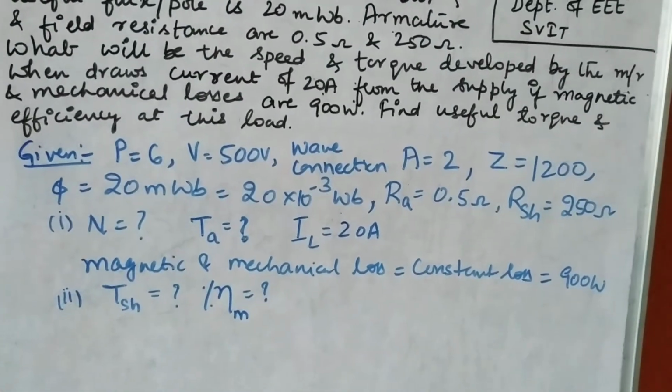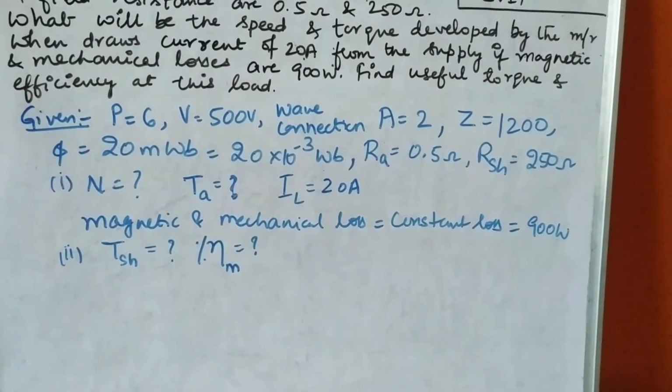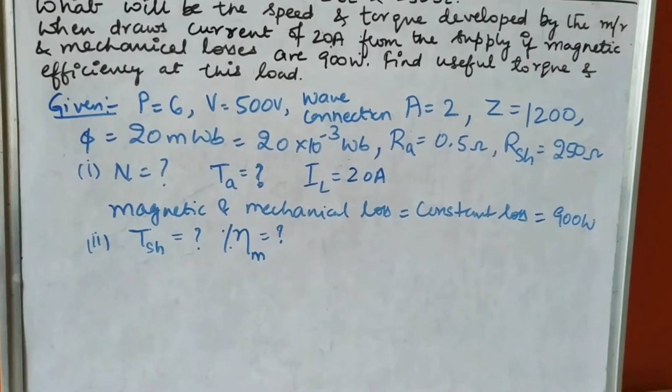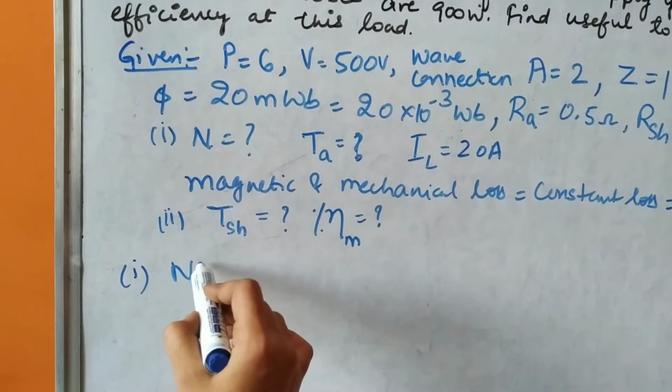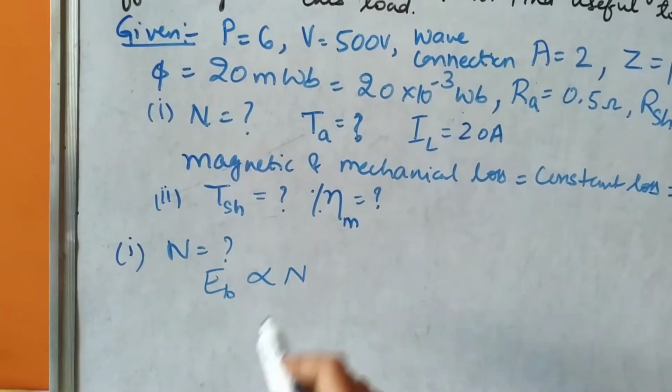Now let us solve the parameters one by one, starting with the speed. To determine the speed, we have to take the help of the EB relationship, as EB is proportional to the speed.